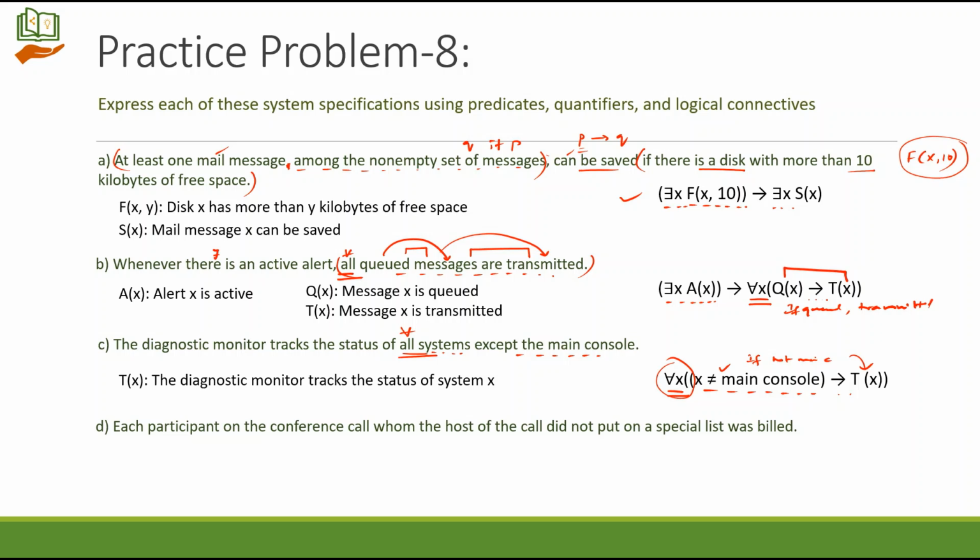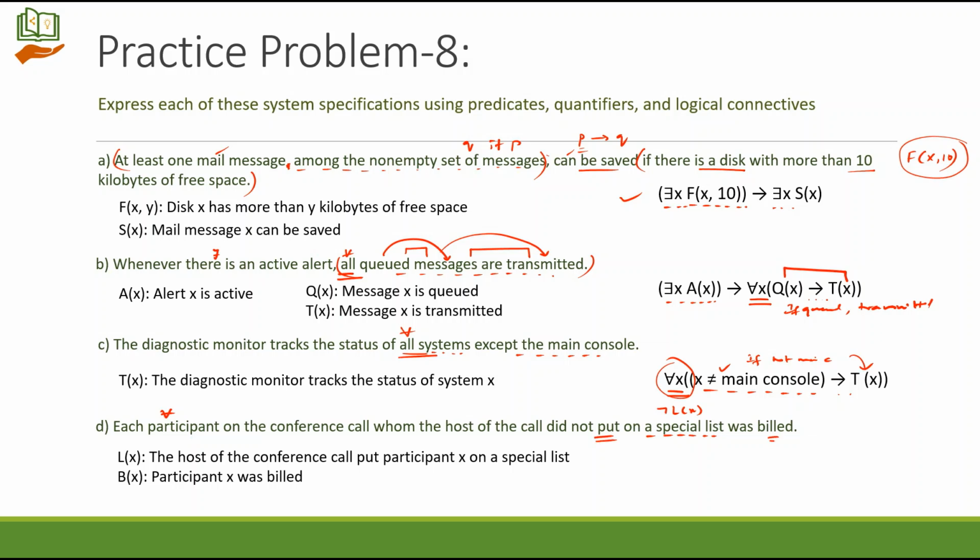What about D? Each participant on the conference call whom the host of the call did not put on a special list was billed. So let's take L of X: the host of the conference call put participant X on a special list. Each participant is for all participants, and "did not put" will be negation of L of X. Two activities are there. First is putting, next one is billing.